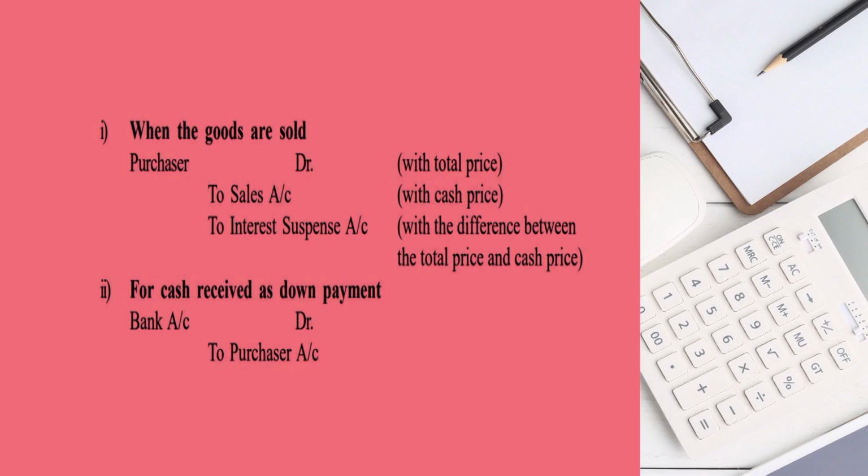When he receives the down payment, he will make the entry: bank account debit to purchaser, because for the seller payment is coming in, therefore as per the rationale of the real account, anything which is coming in must be debited, and the buyer account has been credited because it is the buyer who is making the payment. Therefore as per the rationale of the personal account, we must credit the account of the giver. Here the buyer is the giver, therefore his account has been credited.